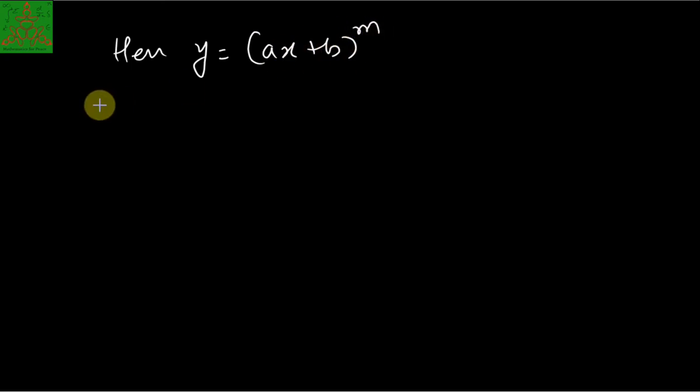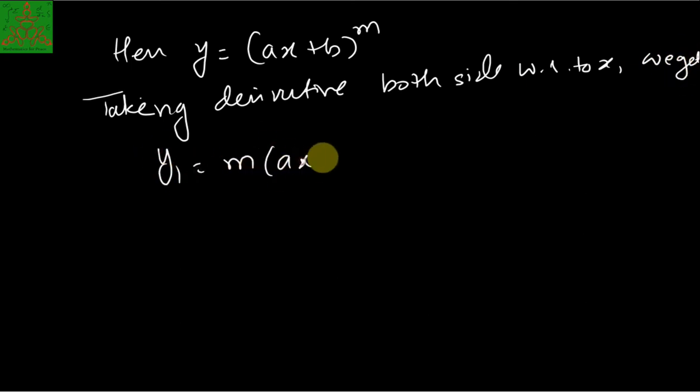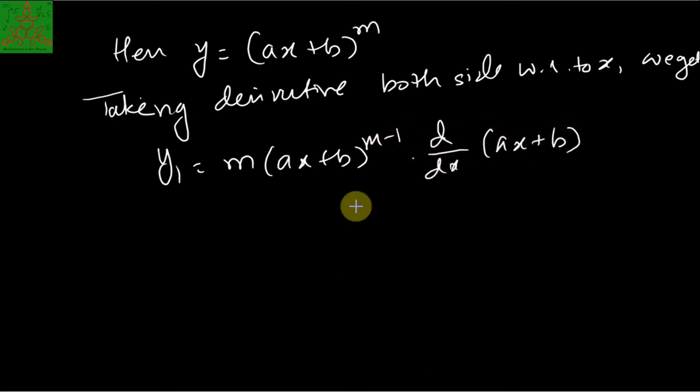Since I want to prove the result is true for n equal to 1, step number 1 of PMI, the principle of mathematical induction, we'll take the derivative both sides with respect to x. We get y1 equal to m into ax plus b power m minus 1 into a, d by dx of ax plus b, using the chain rule.